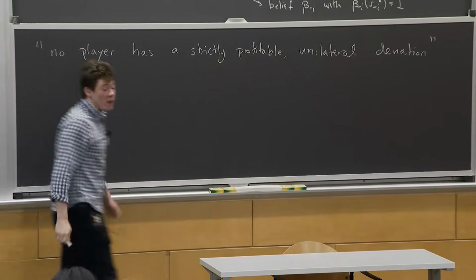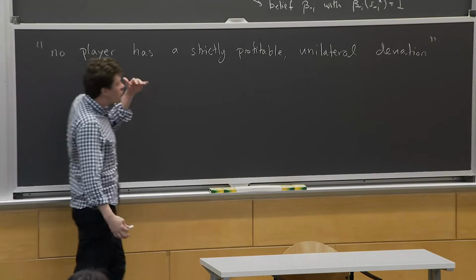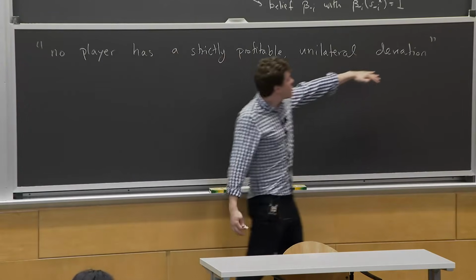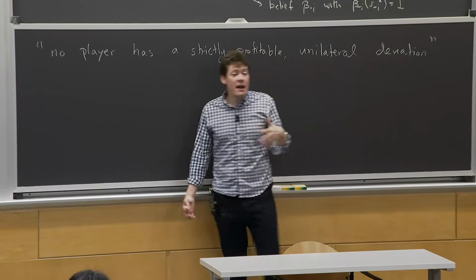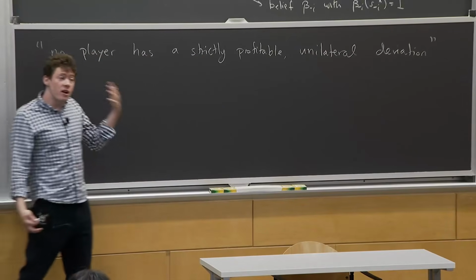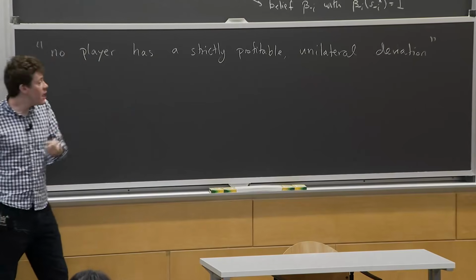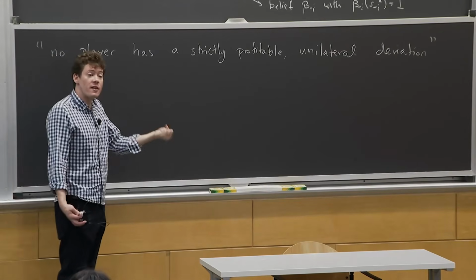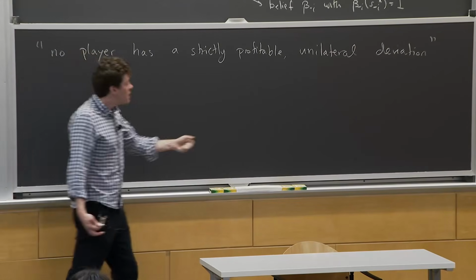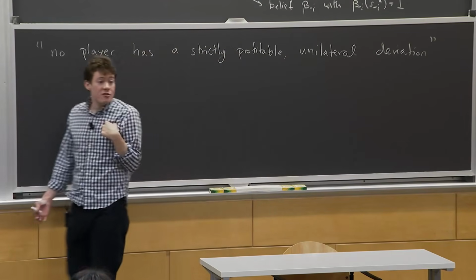So let's break down what this means. No player, so let's focus on a single player, should have a strictly profitable unilateral deviation. A deviation for a player is a strategy that is different from their conjectured equilibrium strategy. So we start with s_i star for player i, and we contemplate an alternative strategy for player i. A unilateral deviation means I'm the only one who's changing my strategy.